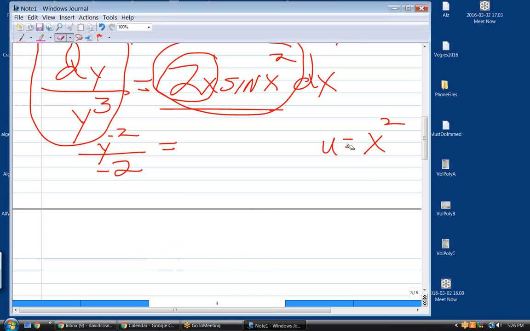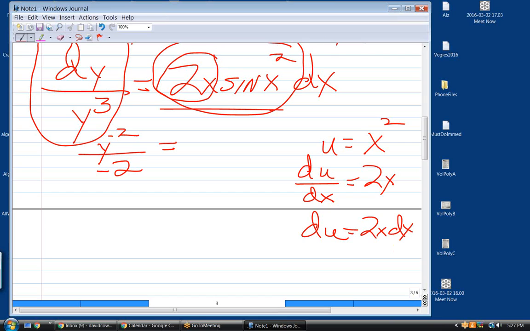Well, if I let U equal x squared, I'm going to be able to do that, because now I'm going to be able to write that as the sine of U. But the next step, whenever you're using U substitution, is to take the derivative of what you've let U equal to. So du dx is equal to 2x, which makes du equal 2x dx.